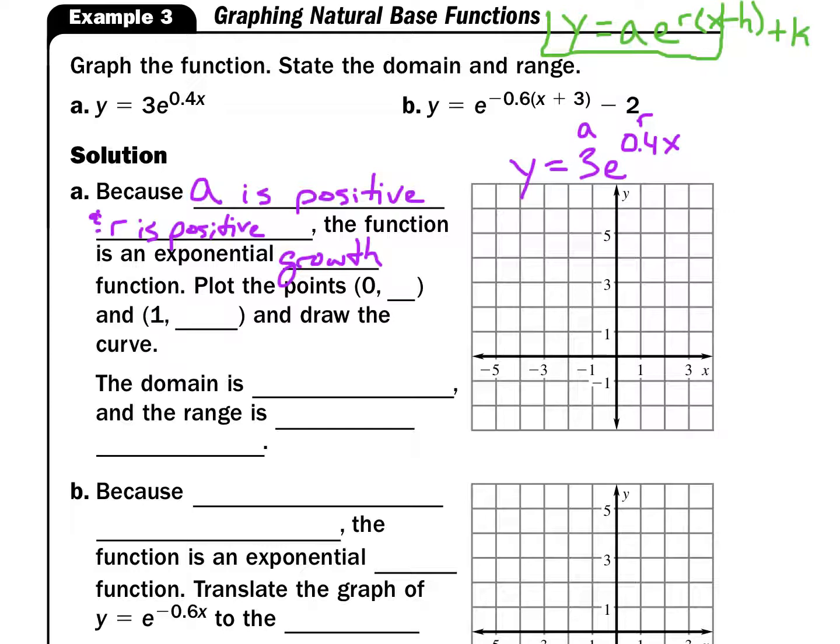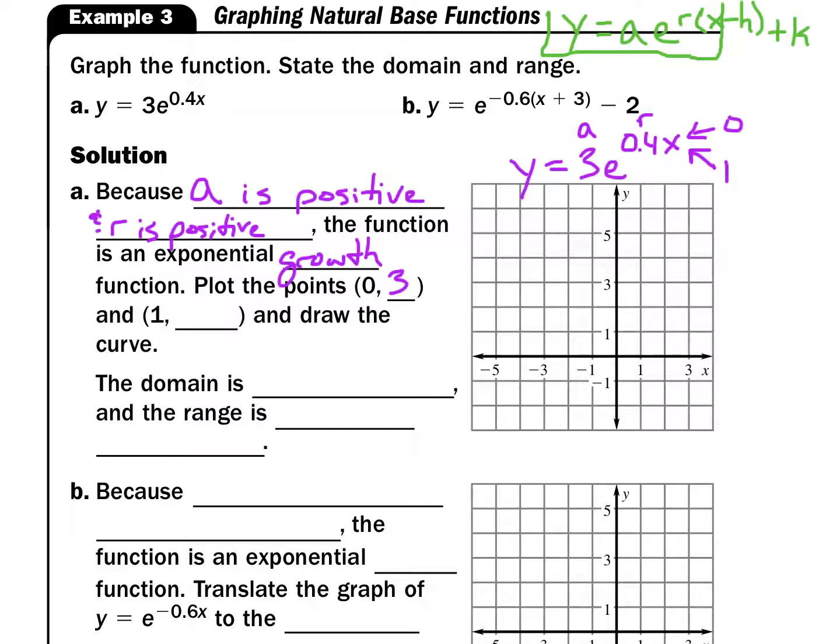So we plot points. If I plug in 0 for x, that's going to take 0.4 times 0 is 0. E to the 0 power is 1, and 3 times 1 is 3, so 0, 3. And then if I plug in 1 for x, 1 times 0.4 is 0.4.